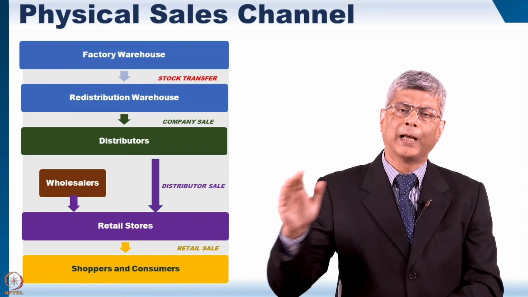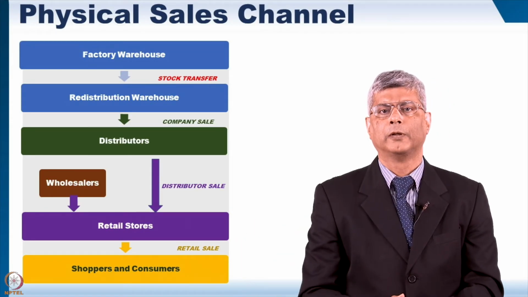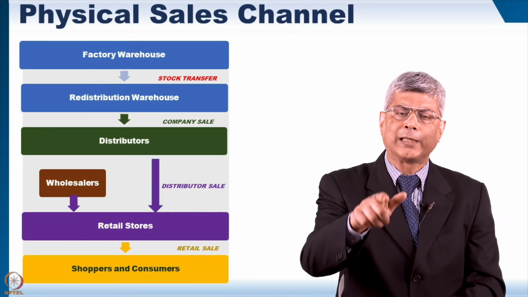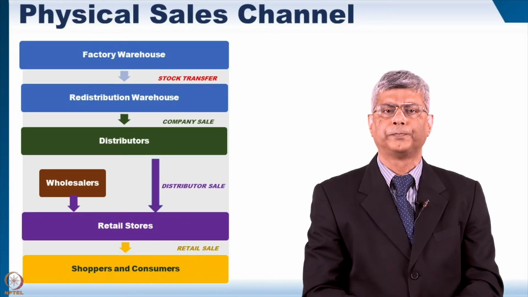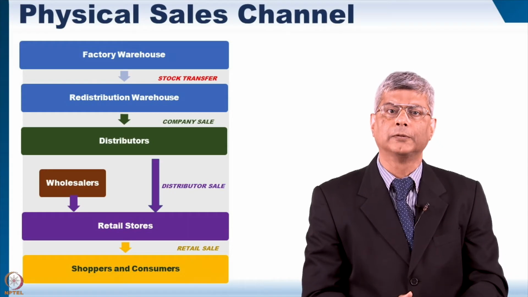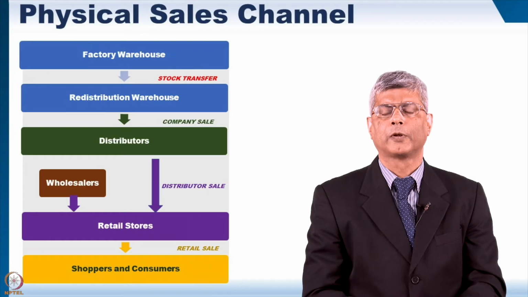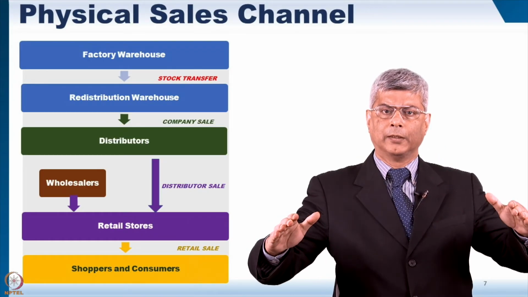These distributors will buy product from the company and then they will supply to the retailers, from which consumers like you and I will buy. Retailers may be in tens of thousands. So Bombay city may have 30,000, 40,000 retailers. So that's how the channel is.